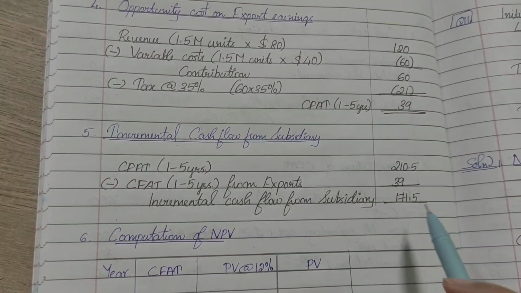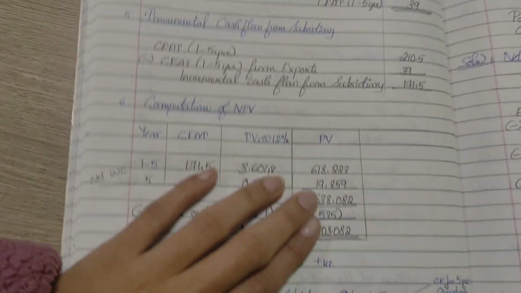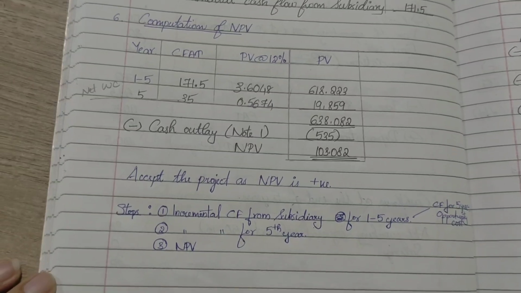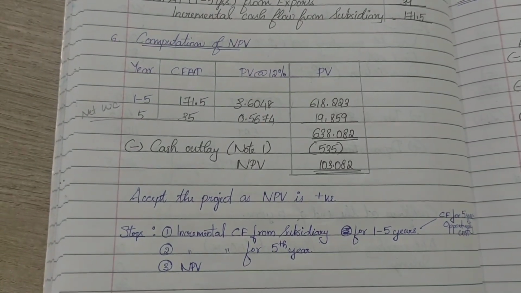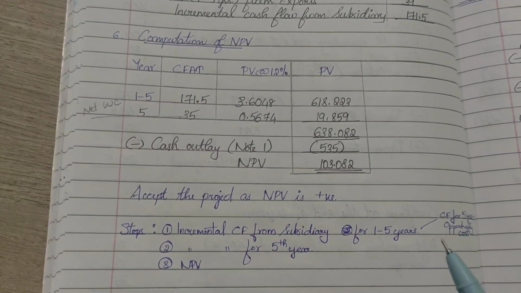171.5. So we got the incremental cash flow from the subsidiary, and the incremental cash flow for the 5th year. Now we can compute the net present value.